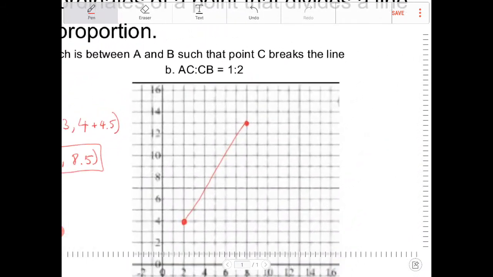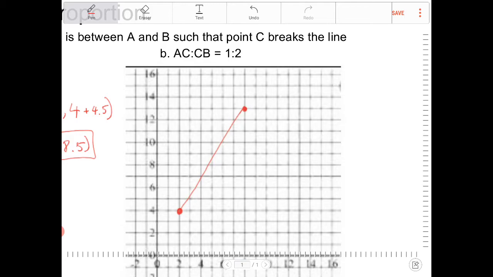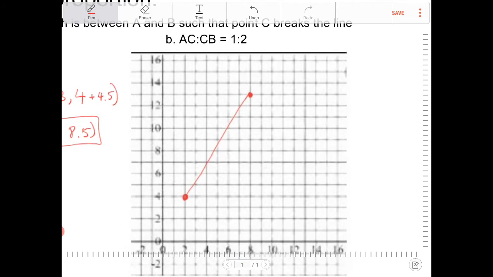All right. Next, I want to break the line up into proportions of 1 to 2. Interestingly enough, if I go from A to B and subdivide this into its components, 6 and 9, can you see that this is already breaking up the line segment into thirds? If I'm locating a point C in between A and B that will break up the line into proportions of 1 to 2, meaning from C to B it will be twice as long as from A to C, I can already see it visually.